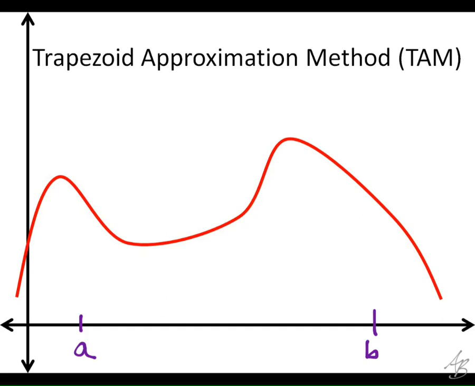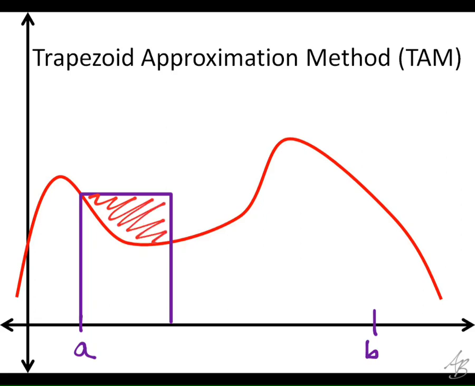Remember, using rectangles, we end up with something that looks like this, and I'm going to make this a fairly big one. And we can see here that there's a significant amount of error there when we use rectangles to find an area. So what we can do is start using trapezoids.